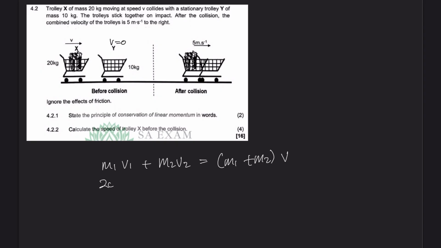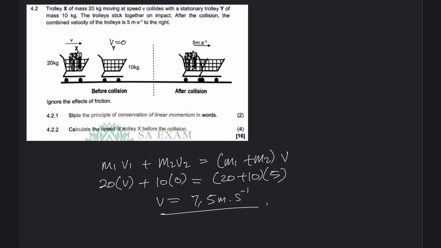So the mass is 20 and the velocity is v, we don't know what it is, plus the mass is 10 and the velocity is 0, it's stationary, and that's equal to 20 plus 10 multiplied by 5. Now our only unknown is v, so we can solve for v, and we get v is equal to 7.5 meters per second. That's it.